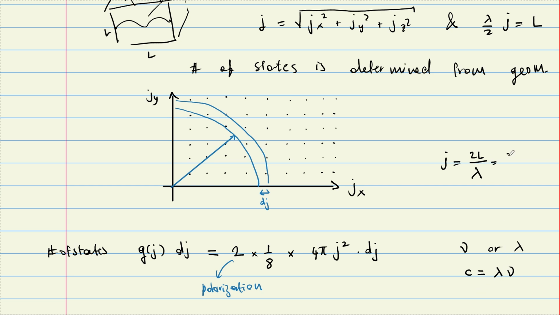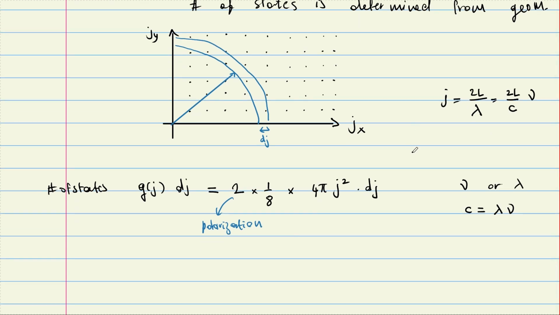So this is going to be 2L over c times nu. Did I get it right? 2L over c nu. Okay, good. And I can also do this dj. I take the derivative on both sides, and this is 2L divided by c times d nu.